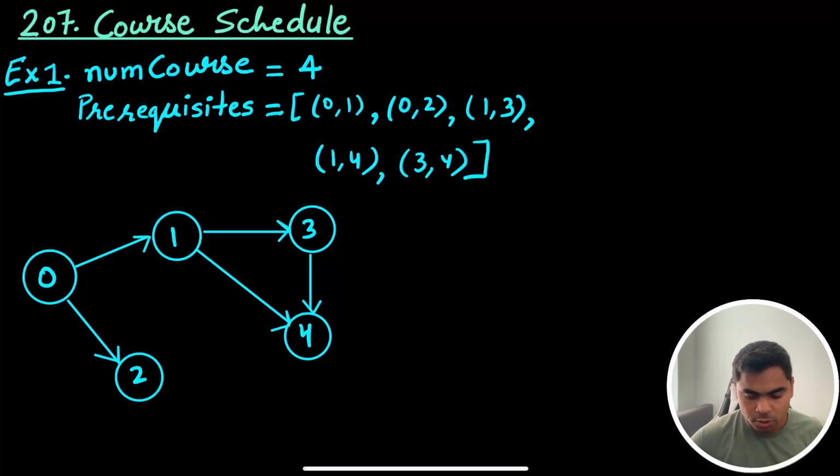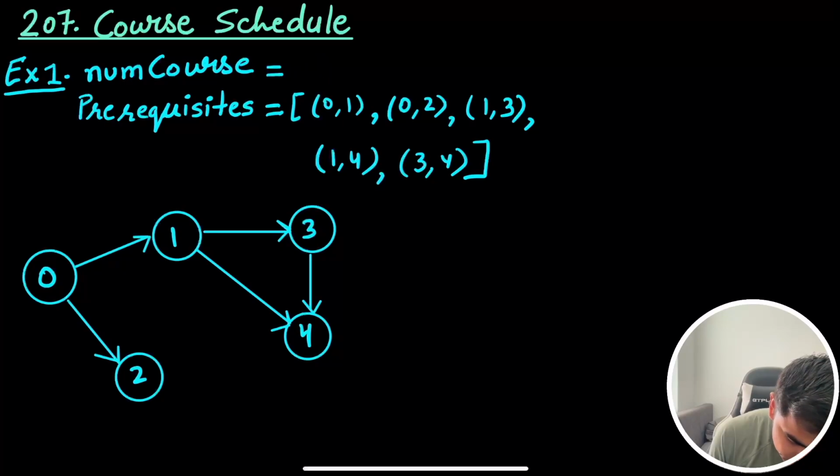So here I have drawn an example. There are 5 courses that we are going to take, and we have to return whether we can finish all the courses. Now, prerequisites here represent these dependent courses.